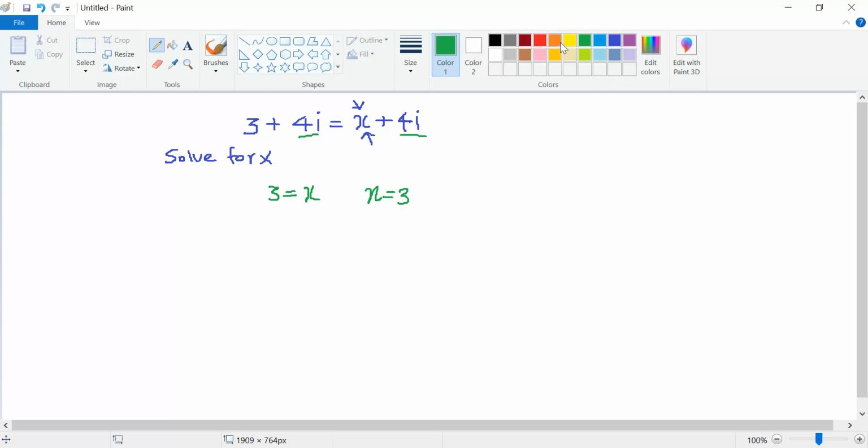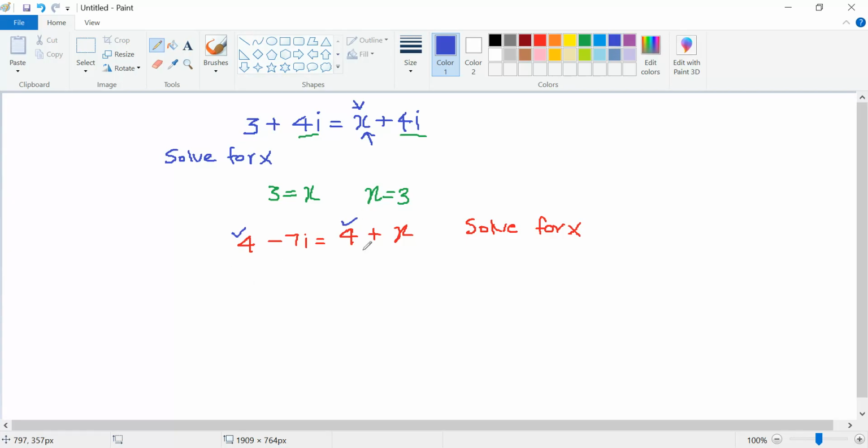That's the solution for that question. Similarly, we can look at another example. Let's say we have a complex number 4 minus 7i, and I say it is equal to 4 plus xi. We are asked to solve for x. In this case, the real parts are already equal.